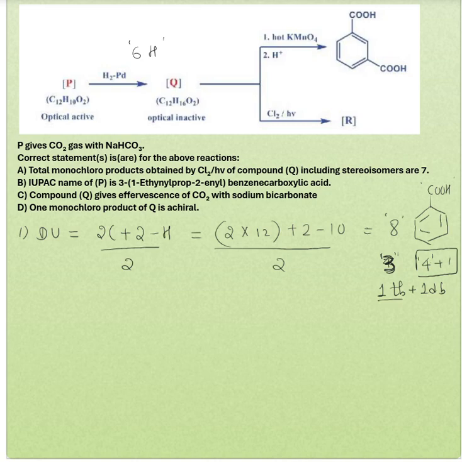As I was telling earlier, it might have 3 double bonds, or it might have 1 triple bond and 1 double bond, because 1 triple bond corresponds to 2 degrees of unsaturation, right? Now, this upon hydrogenation forming an optically inactive compound means there has to be a carbon which is attached to the same number of carbons. So that is one possibility.